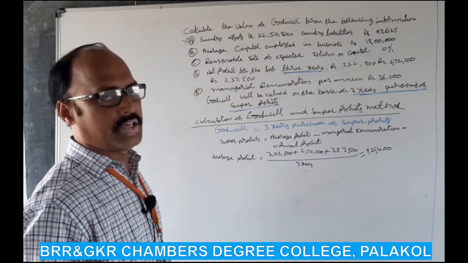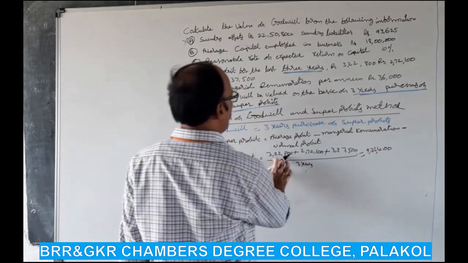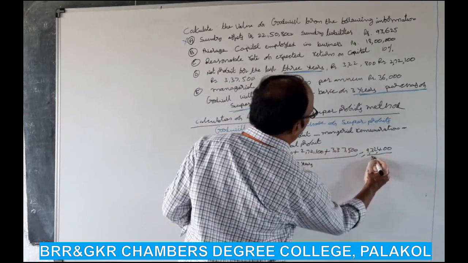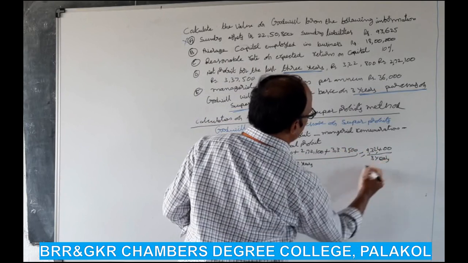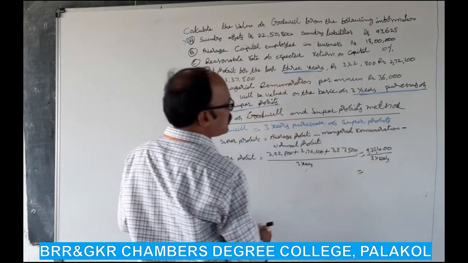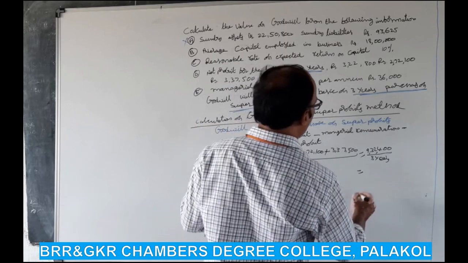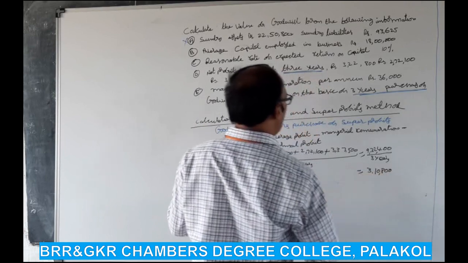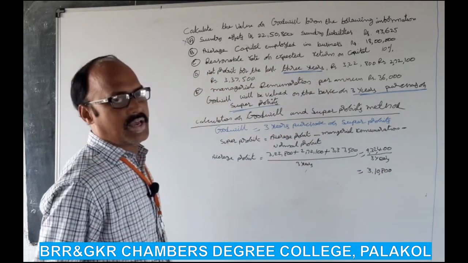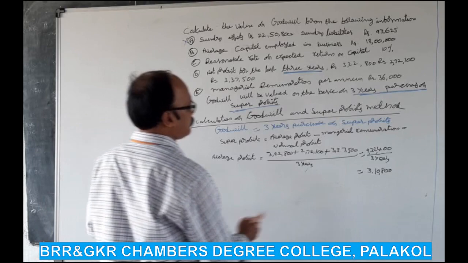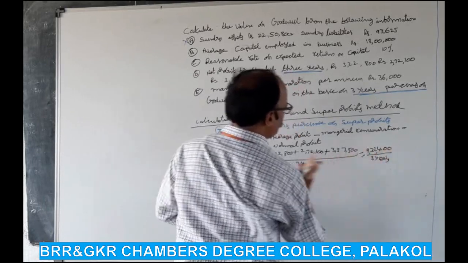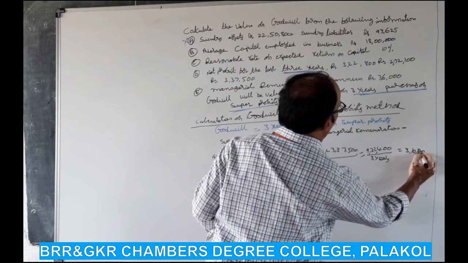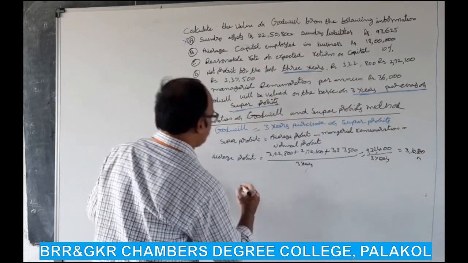The total of 3 years profit is 9,32,400. 9,32,400 by 3 years is equal to the average profit, 3,10,800 rupees.